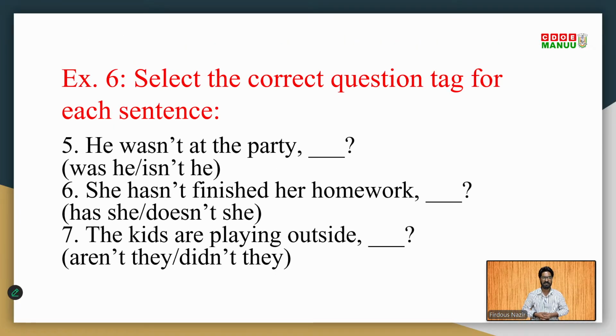Next is he was at the party. He wasn't at the party, was he? She hasn't finished her homework, has she? The kids are playing outside, aren't they? All right.